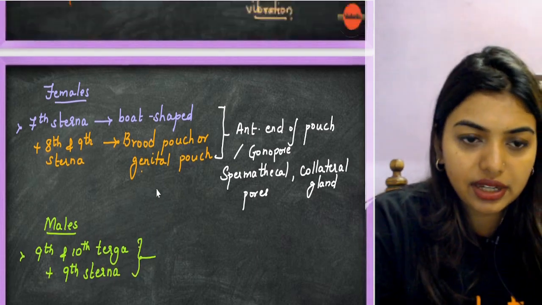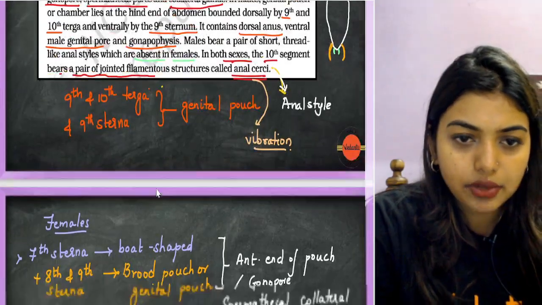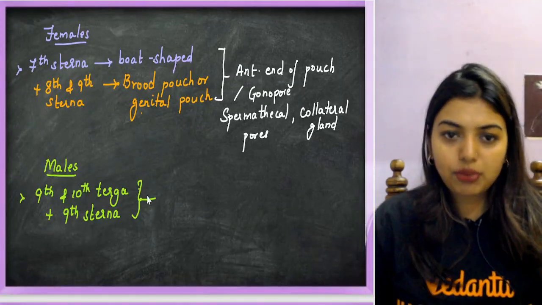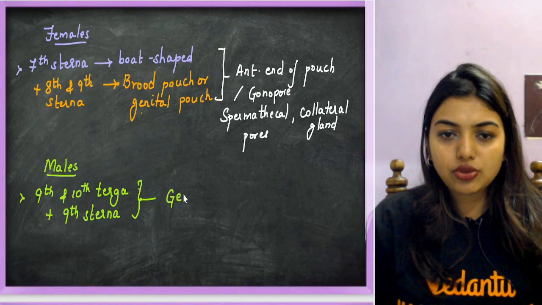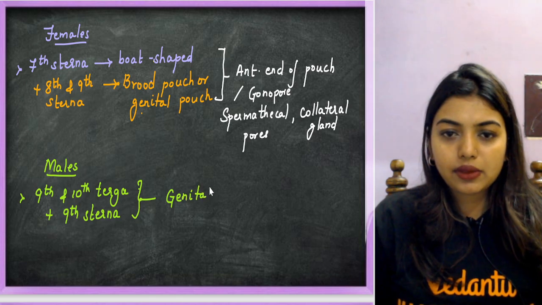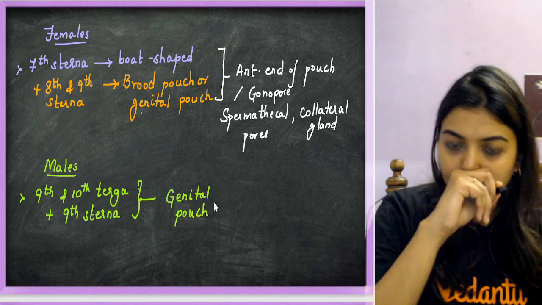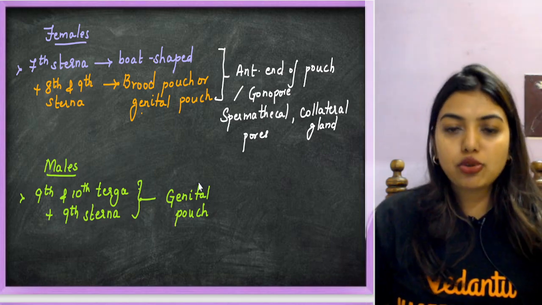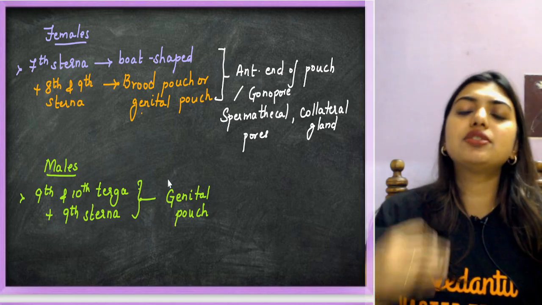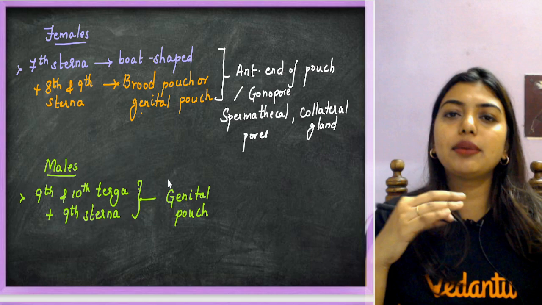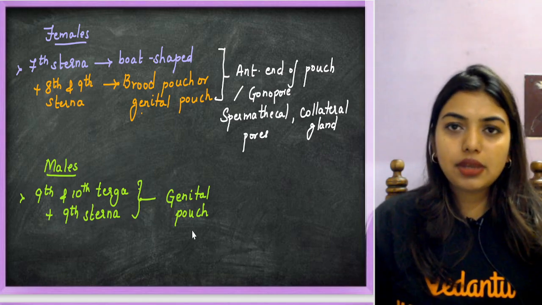I'm just verifying it once again. Yes, perfect. Sometimes when we write, we might miss things here and there, so I don't want that to happen. On the anterior end of this we have the anus, the gonapophysis, and all of that. Again, we are not going to be bothered about this.